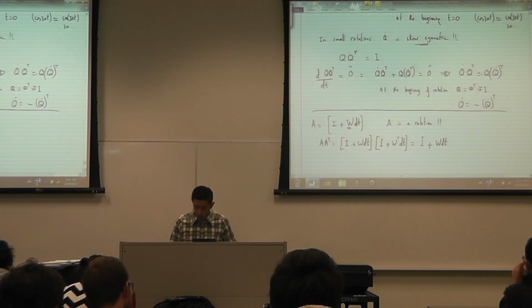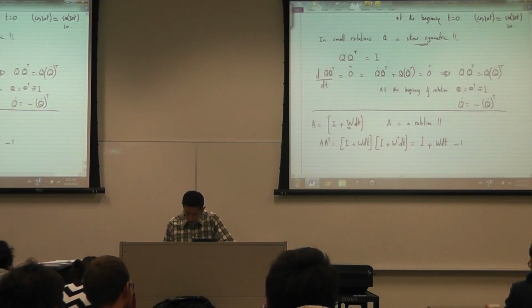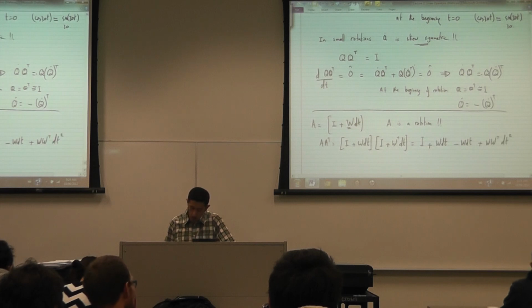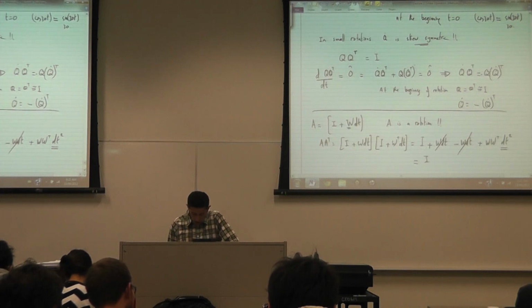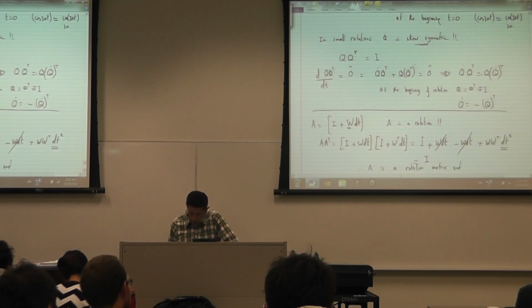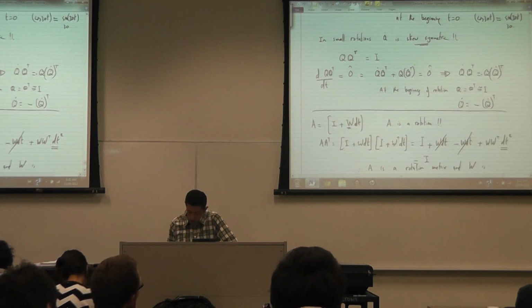W transpose is equal to negative W, so negative W dt plus W transpose dt squared. This cancels this, and at very small time, this is equal to I. Therefore, A is a rotation matrix, and W, the skew symmetric matrix, is its rate.